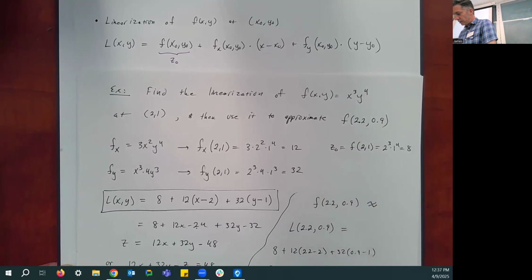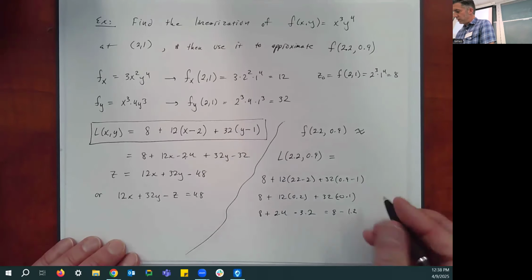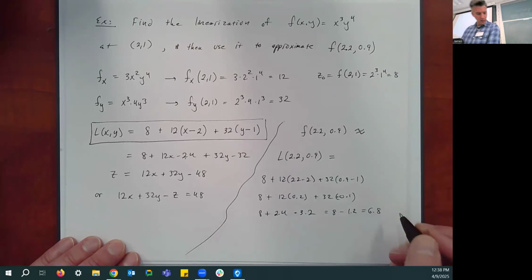That's going to be 8 plus 12 times 0.2 plus 32 times negative 0.1. That's going to be 8 plus, 12 times 2 is 24, so that's going to be 2.4. And 32 times 0.1 should be 3.2, so it's minus 3.2. So I have 8 plus 2.4 minus 3.2 is going to be 8 minus 1.2, which is 6.8, unless I've made a mistake.